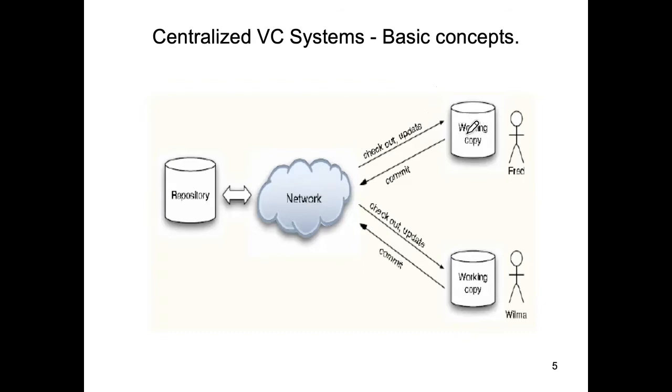When they're working on a file or files, we refer to what they're working on as their working copy of a particular file or set of files. And again, that's a term that I'll use quite a lot. It's just the vocabulary, really. Eventually, when they've finished their editing, they perform what we call a commit of their edits back to the central repository.